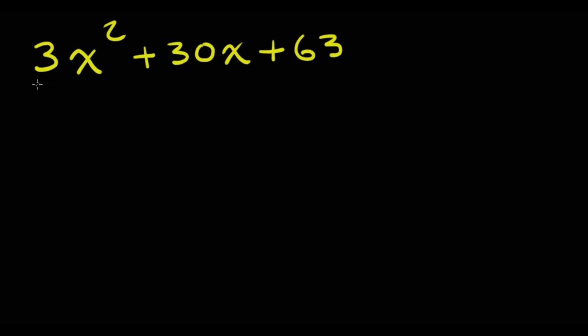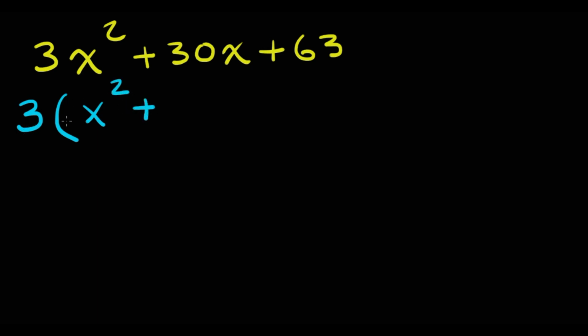So can you think of the biggest number that can go into 3, 30, and 63? Well, that would be 3. Okay, so what you want to do is pull the 3 out. So 3 is your greatest common factor, and we're going to pull that out. If you pull a 3 out, 3 times what is 3x squared? Well, 3 times x squared is 3x squared.